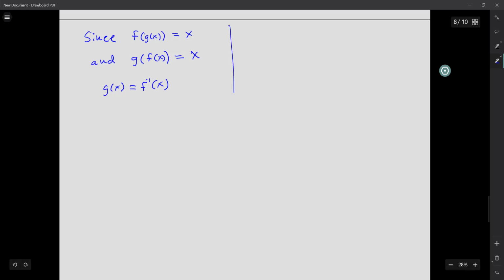Although the mirror is actually true as well. I could say that f of x is equal to g inverse of x. And in fact, the inverse of the inverse is going to be the original function. So f inverse of x would just be equal to regular f of x.